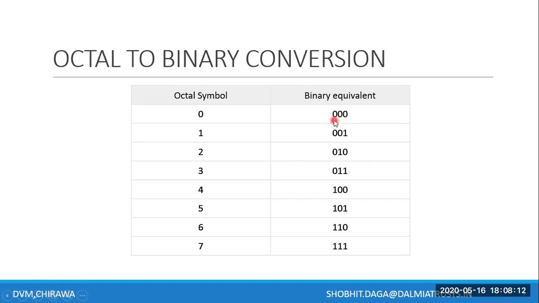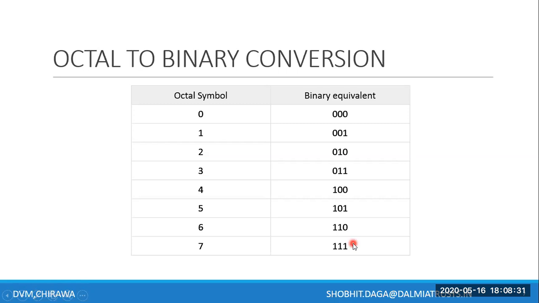You only need 3 bits to represent all the 8 different octal numbers. So 0 is represented by 000 and 7 by 111. There are 8 different states from 0 to 7 over here.